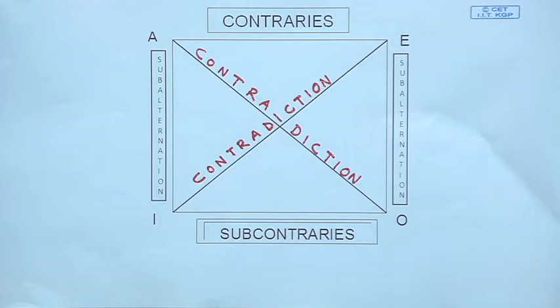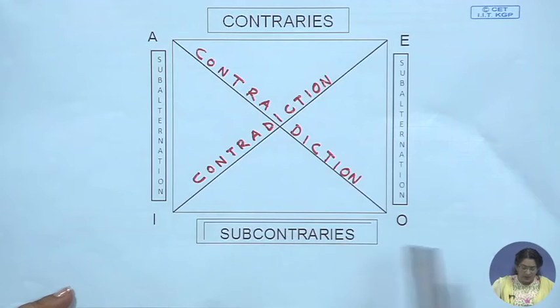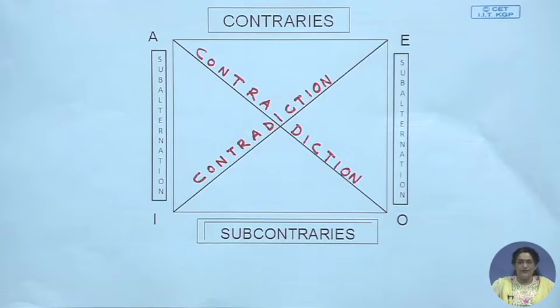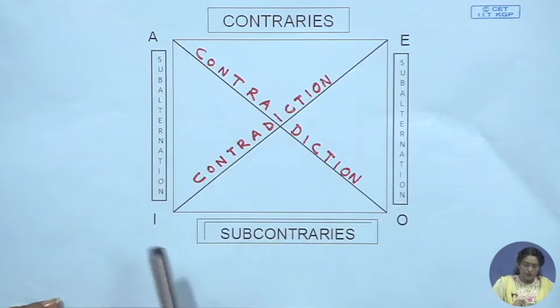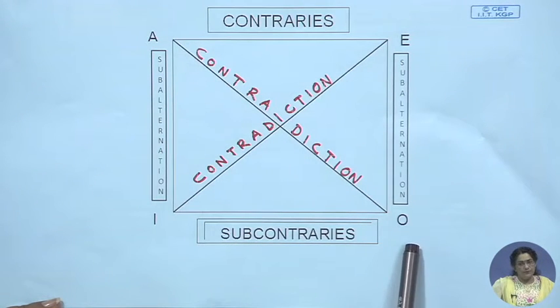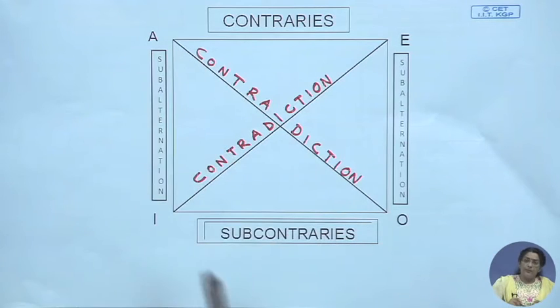Take a look. Here is what is known as the traditional square of opposition. This does not look like a square, perhaps it looks more like a rectangle, but you can see what we have done is to line up A and E on top, and I and O at the bottom. Remember, these A, E, I, O's have exactly matching subject terms and predicate terms.